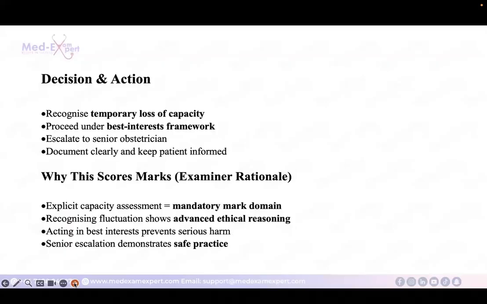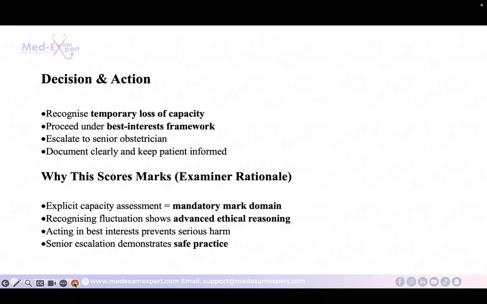You clearly document that you gave the patient information. Initially she agreed, but as her condition was deteriorating, she refused. So that means her capacity of understanding was muddled or clouded. This clearly stated in a court of law will cover you.